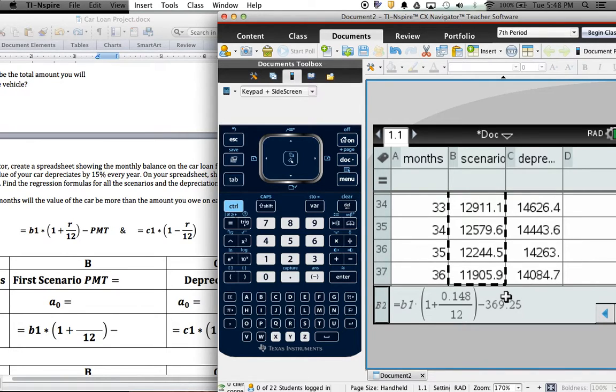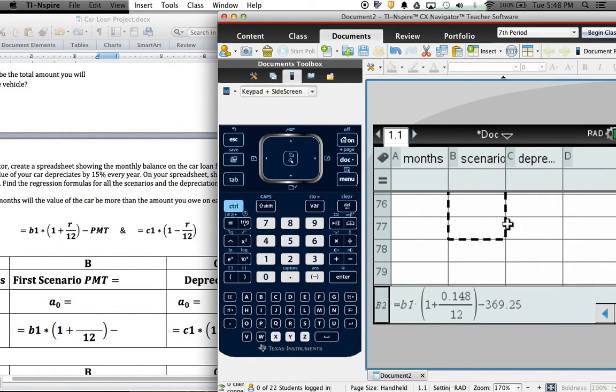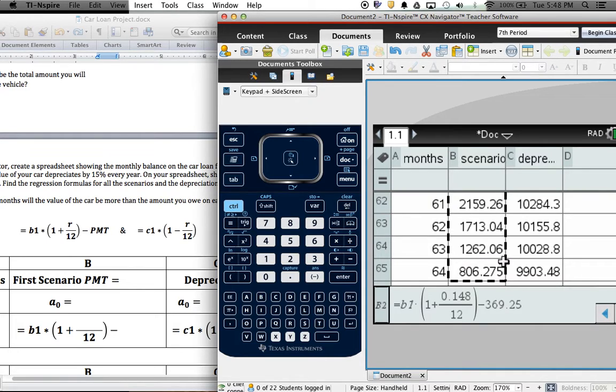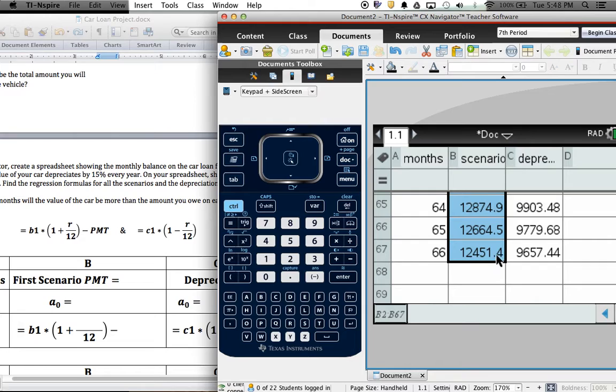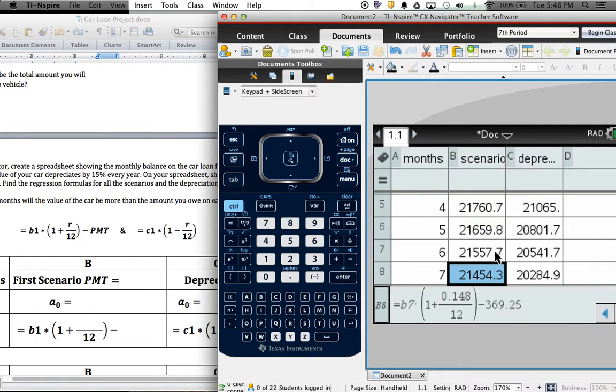And what you will find, guys, as you're working through this, is that a lot of times the value of your car may be greater than your payment balance the whole time if you have a low interest rate.